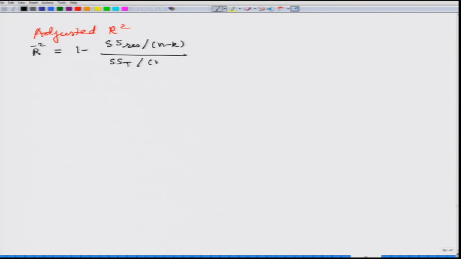So, now we discuss the adjusted R square. This is denoted by R bar square, and this is defined as 1 minus sum of square due to residuals divided by n minus k upon sum of squares due to total divided by n minus 1. So, this can be further simplified as 1 minus n minus 1 over n minus k times 1 minus R square.